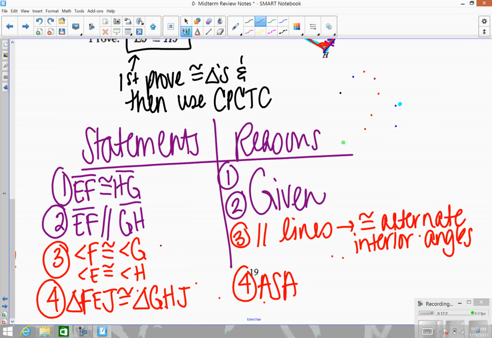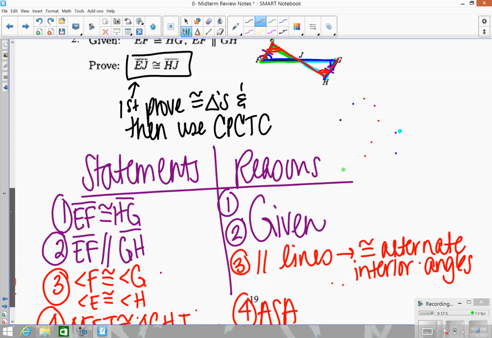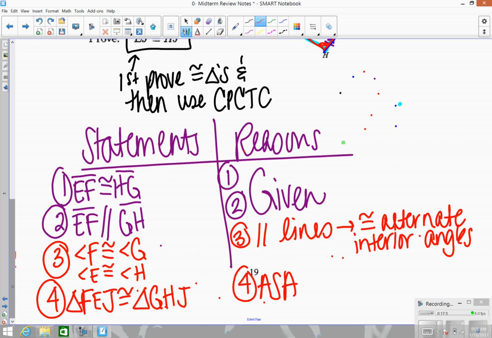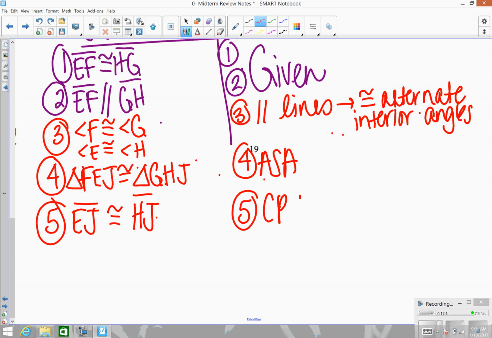And then the last thing is to prove that those two corresponding sides are congruent by CP/CTC. So EJ is congruent to HJ by CP/CTC. Your last statement for a CP/CTC proof should always be that you're proving the congruent parts because of CP/CTC.